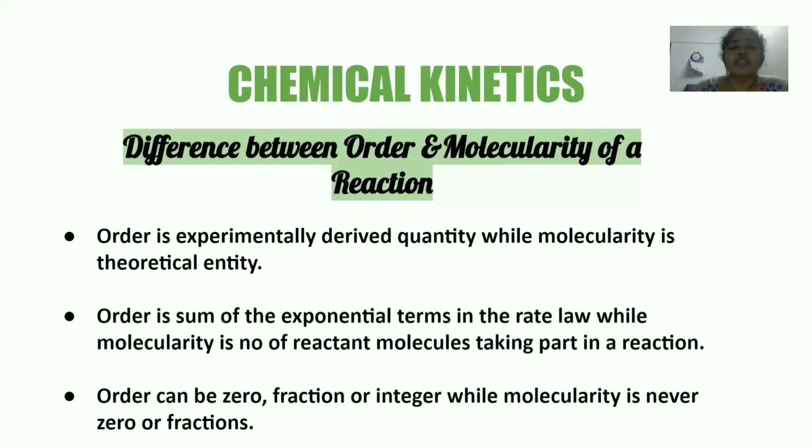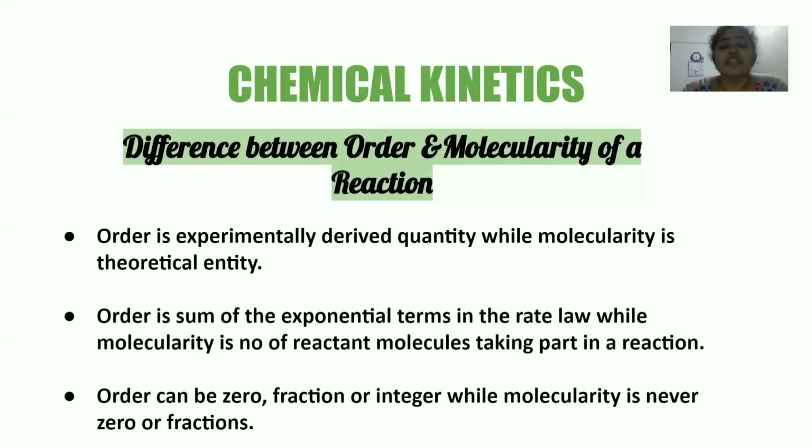Now, as I told you earlier, the order can be zero. You can have zero order reactions. You can have order in fractions. You can also have order in integers. That means you can have +1, +2, +3. You can have -1, -2, -3 as well. But molecularity, can it ever be zero? We all know that when we balance a chemical equation, we never write fractions. We never write zero.